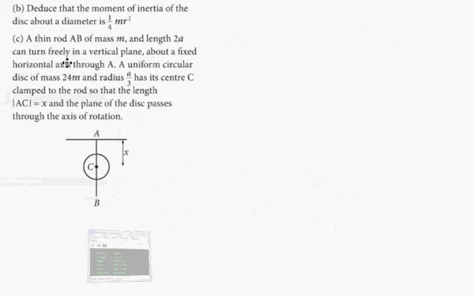Okay guys, so 6b. Deduce that the moment of inertia of a disk about a diameter is a quarter mr squared. Now, that is basically about its own diameter.